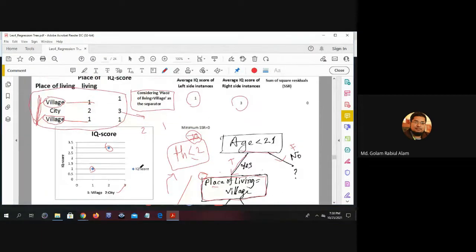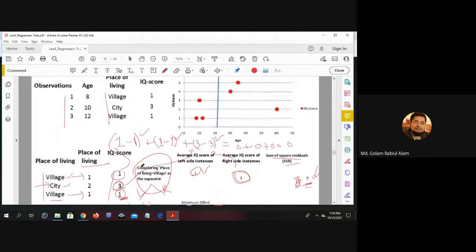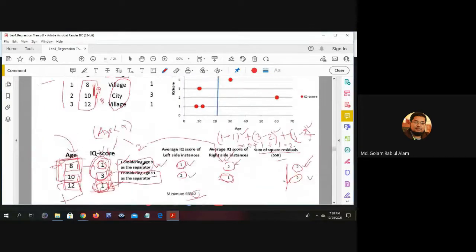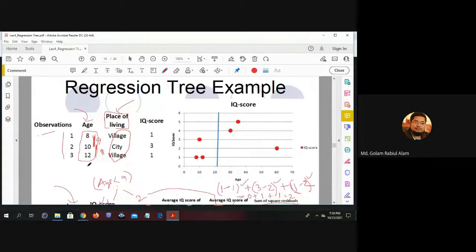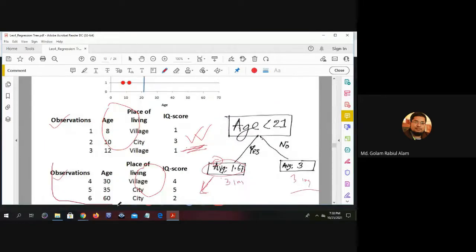I have to think about another portion of my data set. We already considered this data, but we didn't consider this part. So I have to consider now this part, that is observations 4, 5, and 6 with 30.